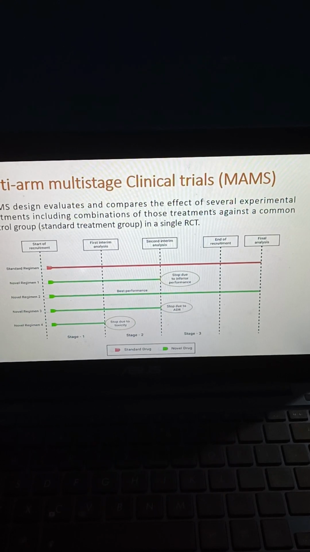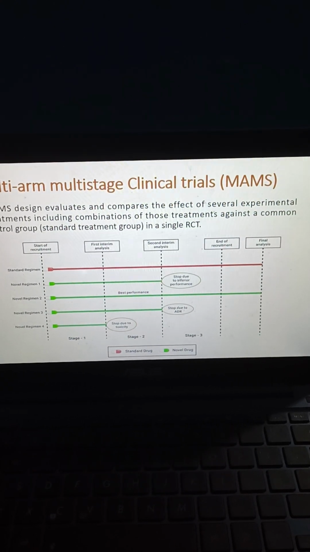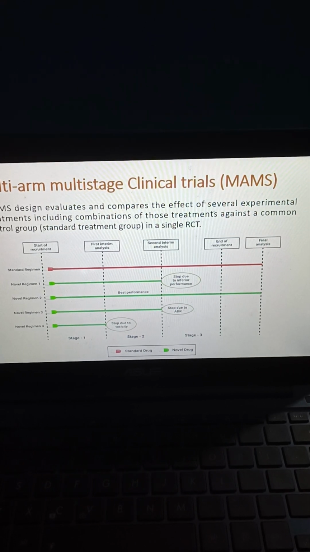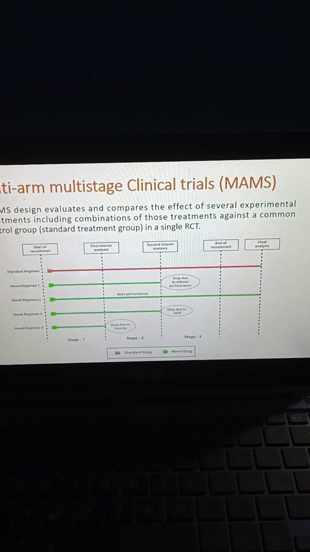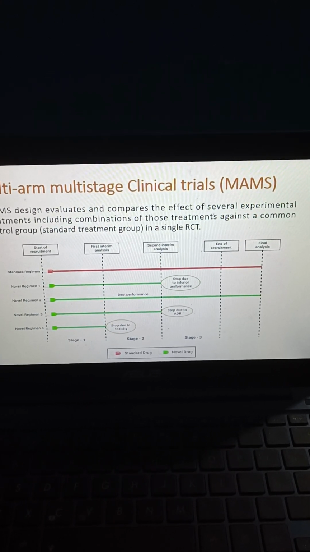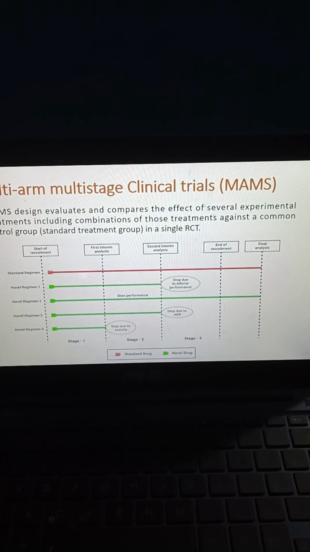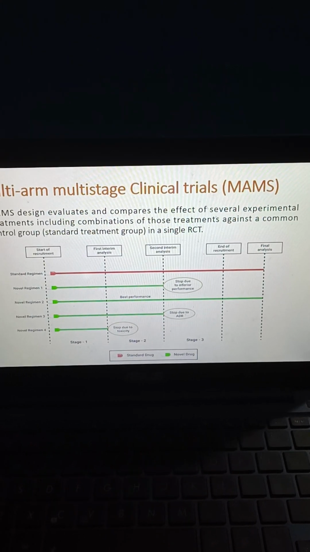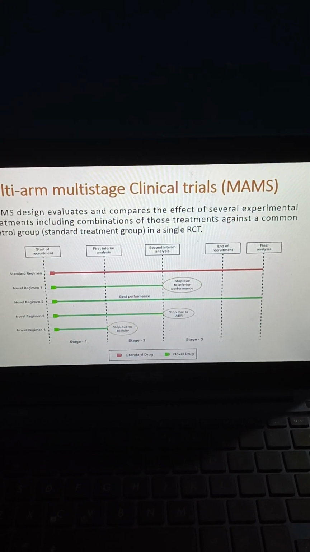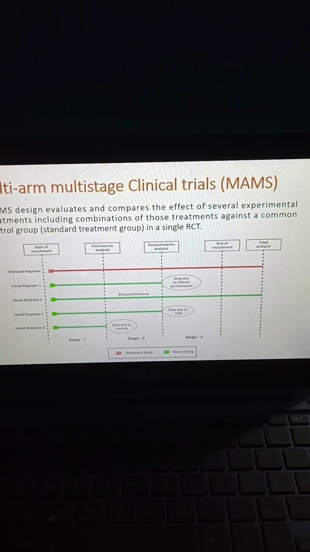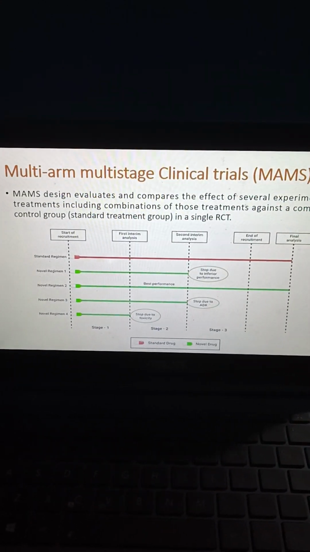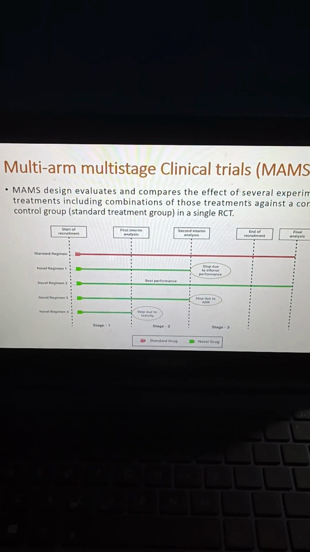A second interim analysis was done after stage 2, and novel regimen 1 stopped due to inferior performance, and novel regimen 3 stopped due to adverse reaction, but novel regimen 2 best performance. It will continue to the end of recruitment, then after stage 3 there is end of recruitment and at last final analysis done. And this is a complex trial design.